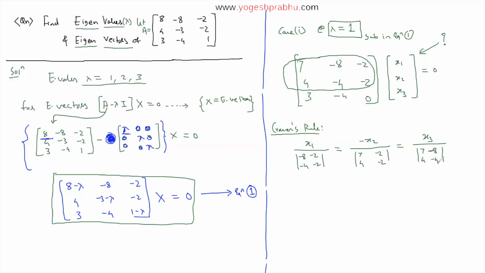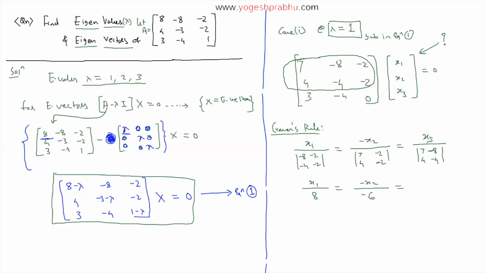So we have to just simplify these determinants. It will become x1 divided by 16 minus 8, so that is 8. Then minus x2 divided by minus 14 plus 8, which is going to be minus 6.